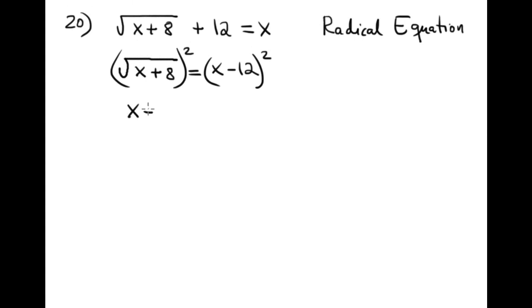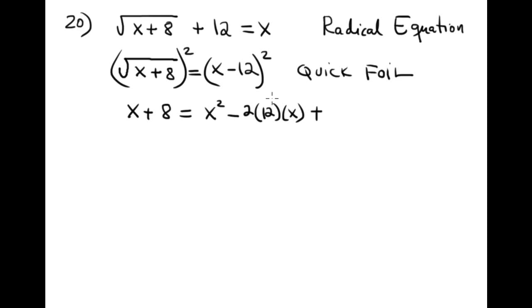It's x plus 8 is equal to, and you expand this using FOIL. FOIL is the square of the first, x squared, minus, because it's minus here, twice the multiplication of 12 times x, plus 12 squared. That is, x plus 8 equals x squared minus 24x plus 144.